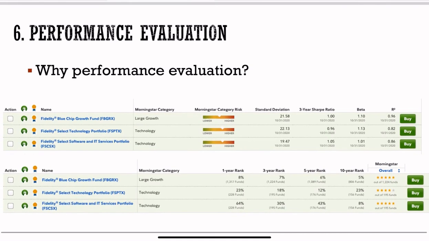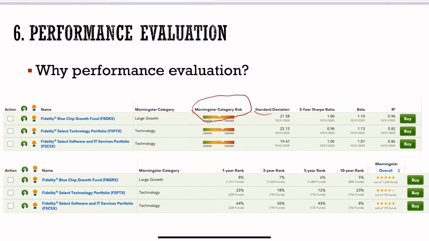So it will tell you what is the Morningstar category risk, what is the standard deviation, what is the 3-year Sharpe ratio, what's the beta, what's R squared. So clearly, as a retail investor, you have to understand these different metrics to make informed decisions, right? So you can see that understanding performance evaluation is actually pretty important, even if you're just a retail investor.